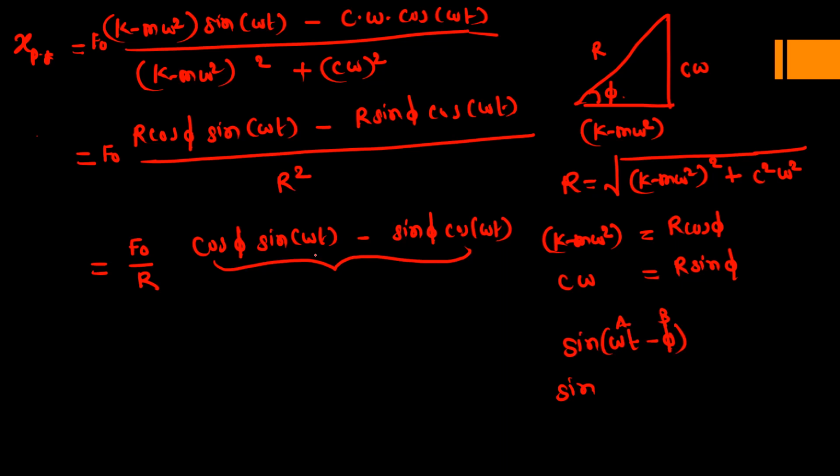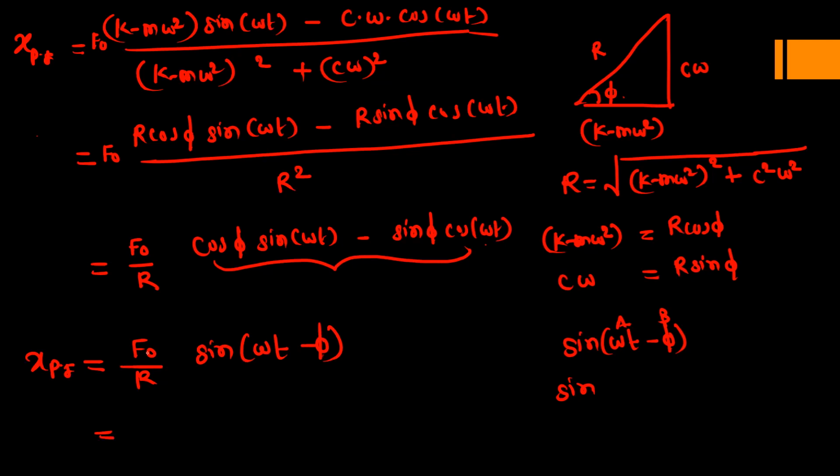Sine A means sine omega t, sine A cos B, so cos phi, minus cos A, that is cos omega t, and sine B, that is sine phi. Okay. So we can write this complete equation as sine omega t minus phi. So this is the complete particular integral.